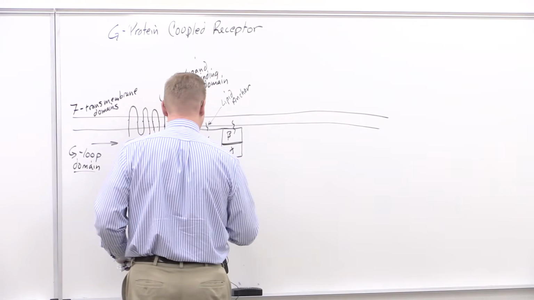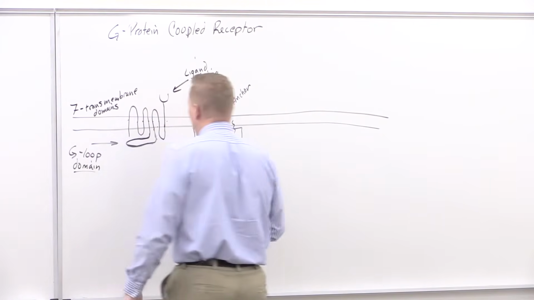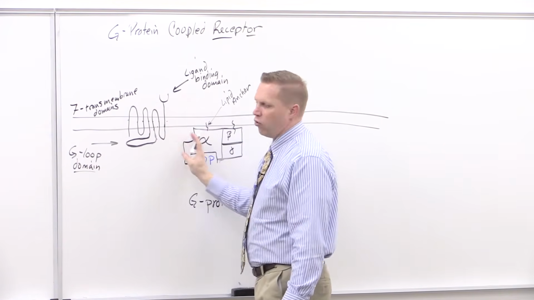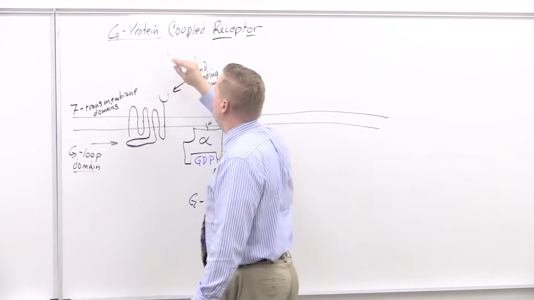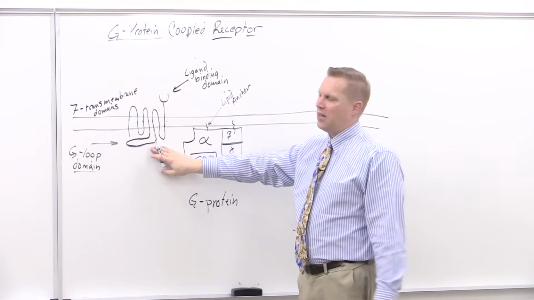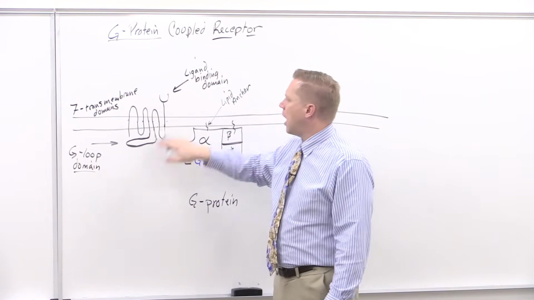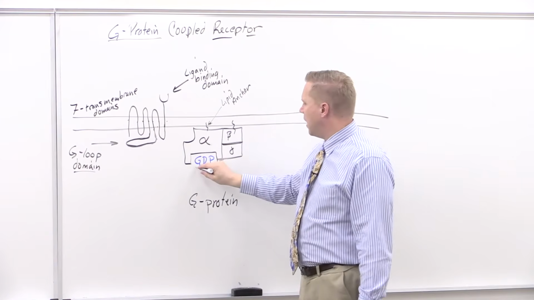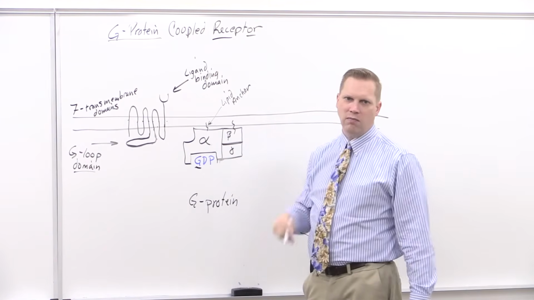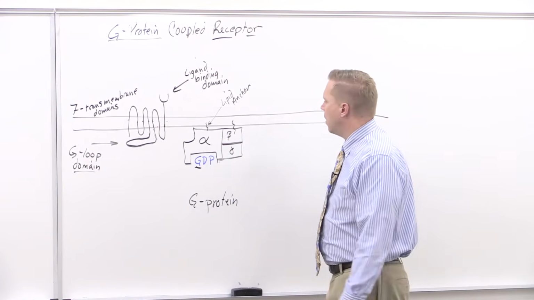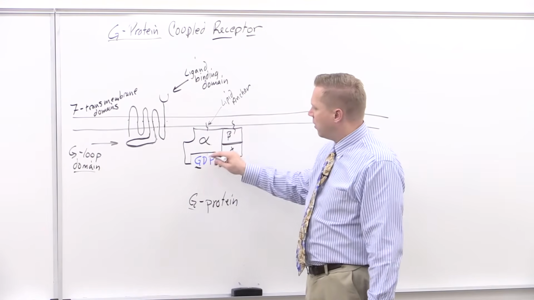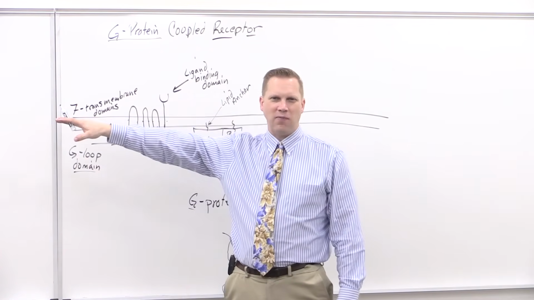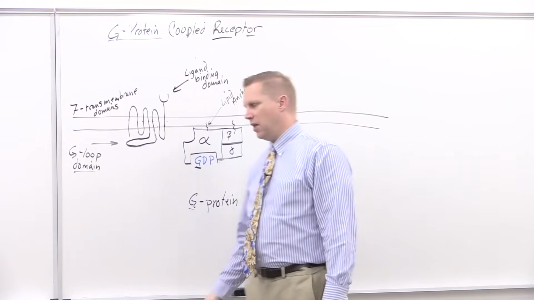This is the G protein. This is the receptor. Notice that the receptor then is going to be coupled or paired with the G protein. So that's how it's got its name. It's a G protein coupled or paired receptor. The G protein itself is named because it binds onto guanine. So that's why it's called a G protein. That might be helpful to remember that this pathway uses GDP, and then remember our tyrosine kinase receptor actually used ATP in it.